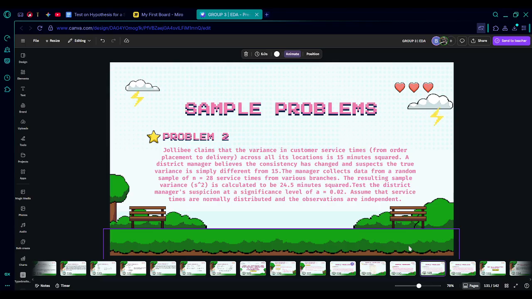The resulting sample variance S squared is calculated to be 24.5 minutes squared. So test the district manager's suspicion at the significance level alpha of 0.02. Assume that the service times are normally distributed and the observations are independent.